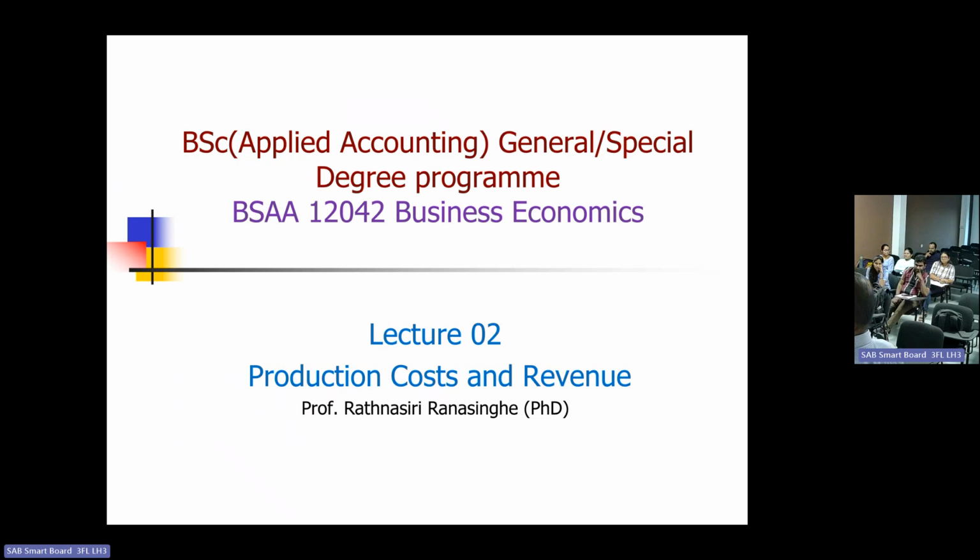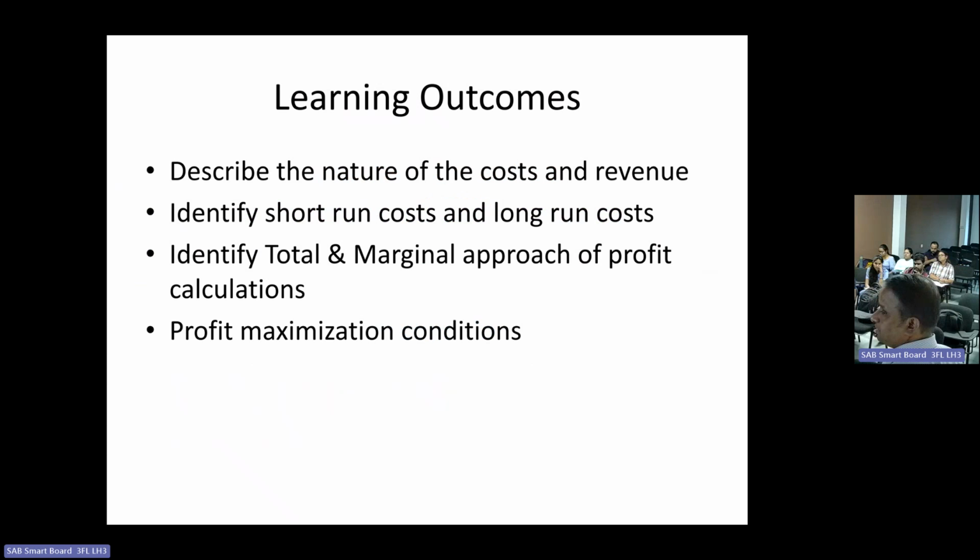Right, now we are coming to the cost and the revenue, because we are going to talk about profit maximization. So we need to identify this cost and the revenues. So far we talked about the output determination, how the producer decides the maximum output level based on the production function.